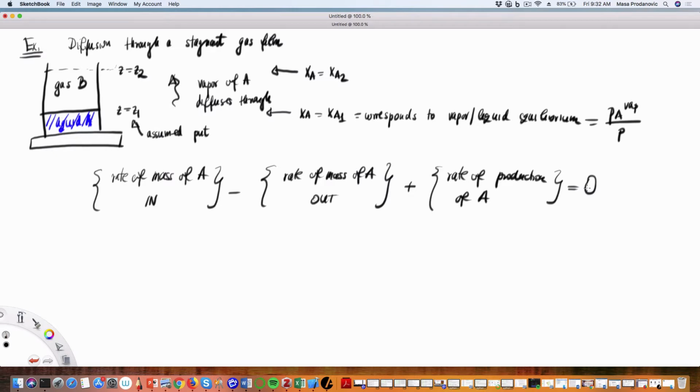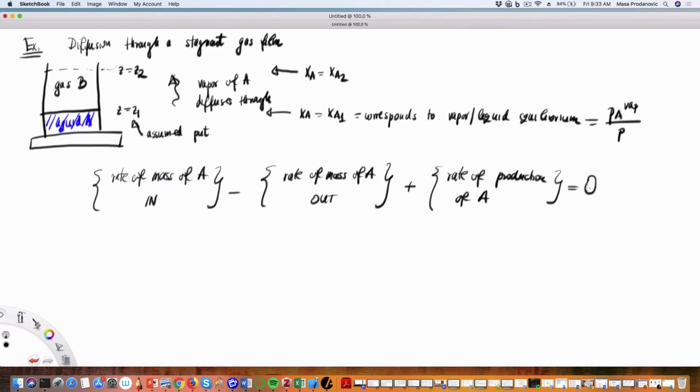So I'm going to quantify this with my combined mass flux of A, and it's that NA, either uppercase or lowercase. And in this case, I'm already giving the boundary condition in terms of X, therefore I have to choose the molar quantities, right? Because that's how my boundary conditions are given.